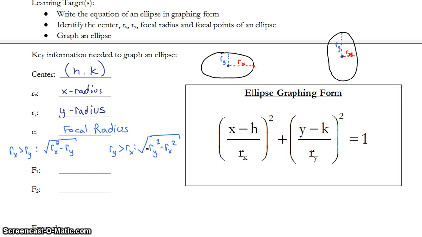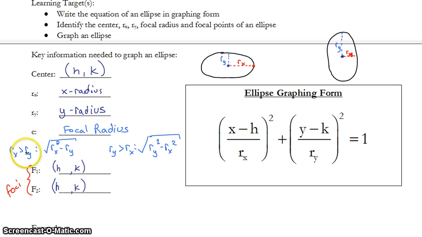Okay. F1 and F2, these are what we call our focus, or our foci if I use the plural term. And similarly, there's two different ways that we find this. If Rx is bigger than Ry, I am utilizing the center, but I have to make an adjustment to it.